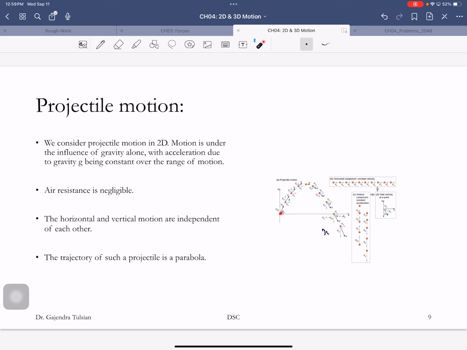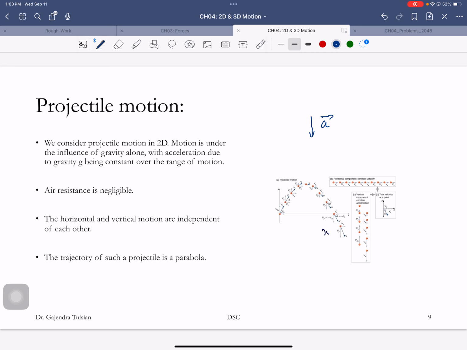And what we're going to show you is that if you throw an object and it travels only under the influence of gravity, this trajectory is a parabola. Here's a couple of things you want to notice. If you throw this object, it's only traveling under the influence of gravity, so the acceleration due to gravity is a vector in this direction.